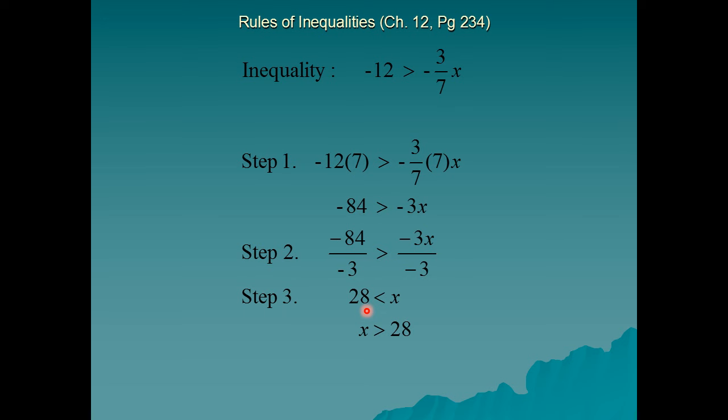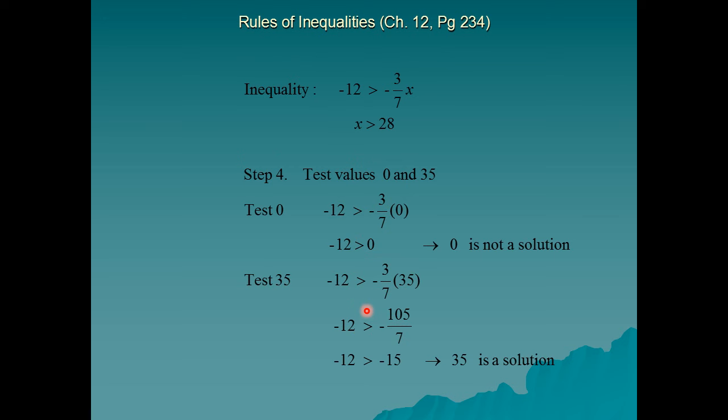And we tried some verification steps here. This is step 4. I selected 0, which is less than 28, and I selected 35, which is more than 28. Let's check with both values. When I plug in 0, the inequality becomes negative 12 greater than 0, which is not possible, right?